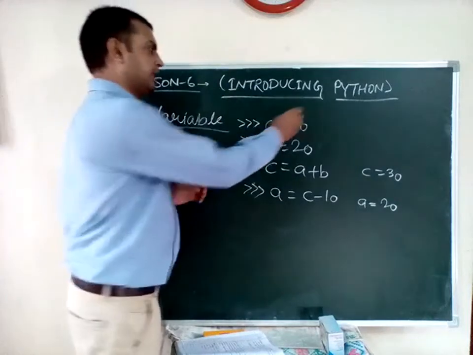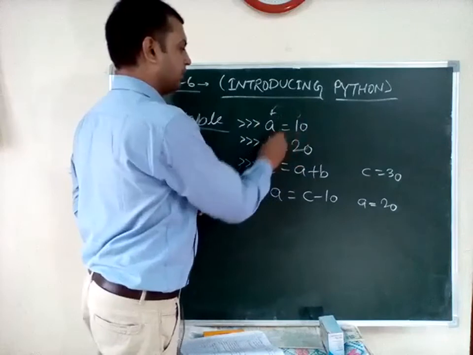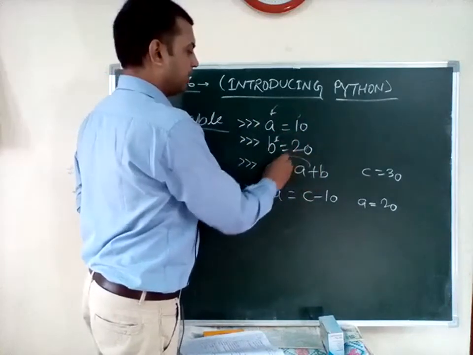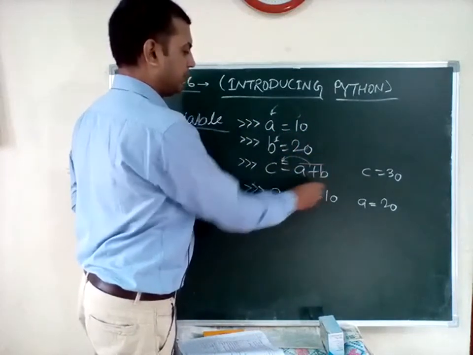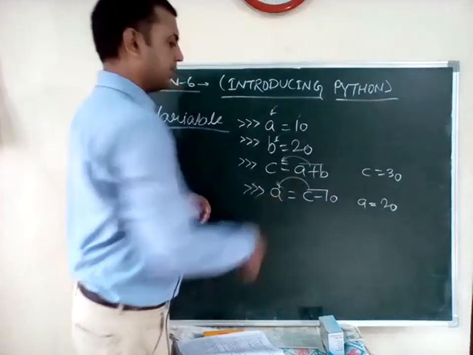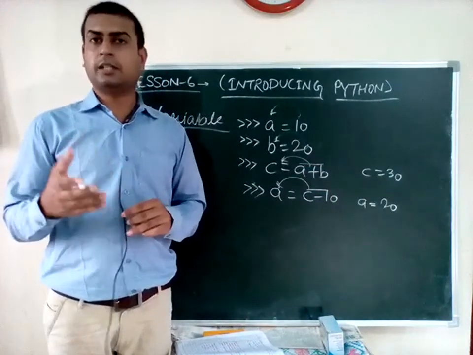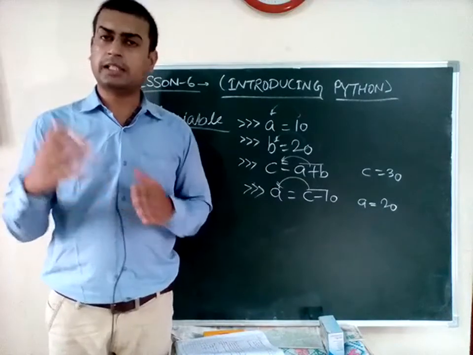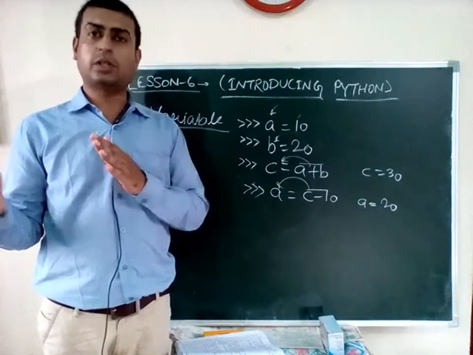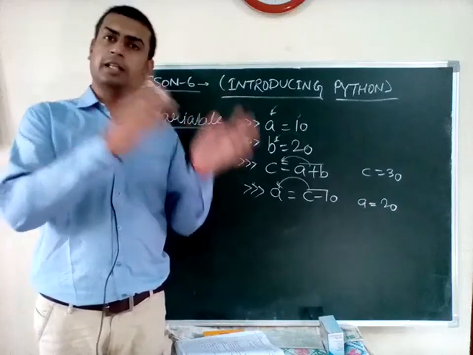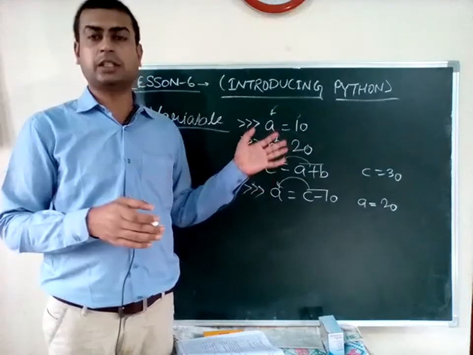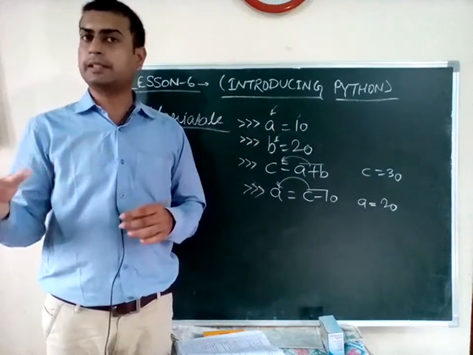So the assignment operator is used to assign the value, meaning whatever you write on the right hand side of the equal to will be copied into the left hand side variable. So this is the use of single equal to in Python.